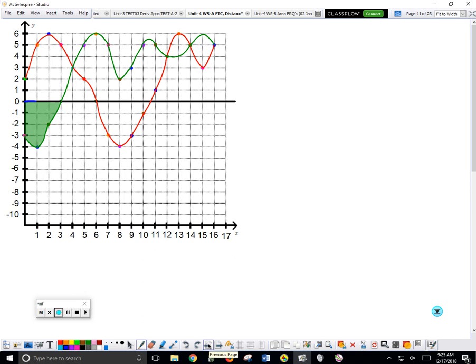Okay, write this on your paper with the other graph. Find the area bounded by g of x, y equals 0, x equals 0, x equals 3.